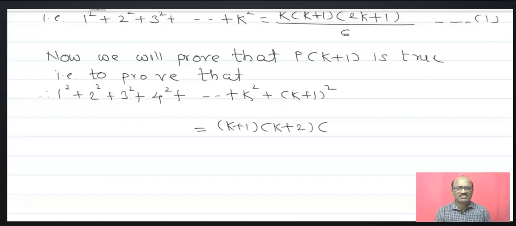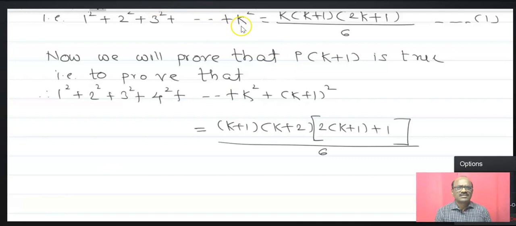This is the important step. K is replaced by k plus 1. Now see this here. In the step 1 we replace k by k plus 1 on the right hand side. This k is replaced by k plus 1, it becomes k plus 2, and this k is also replaced by 2(k plus 1) upon 6.